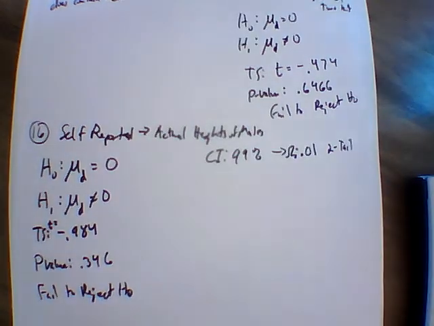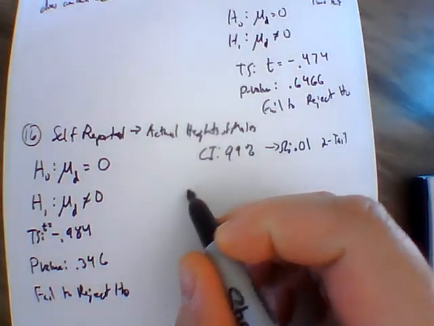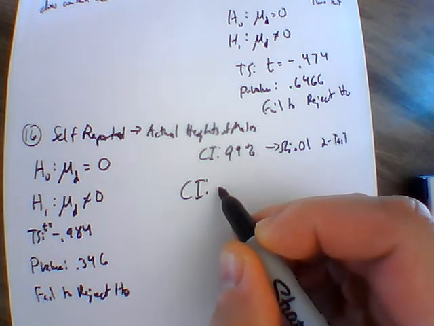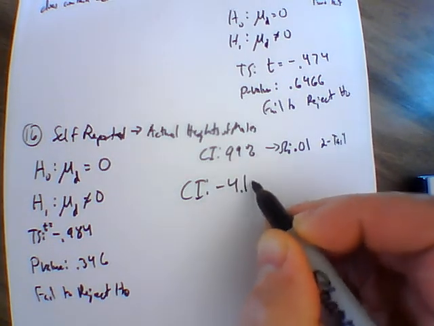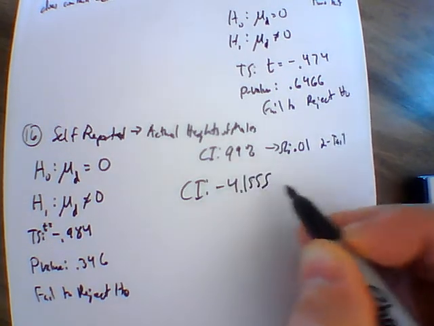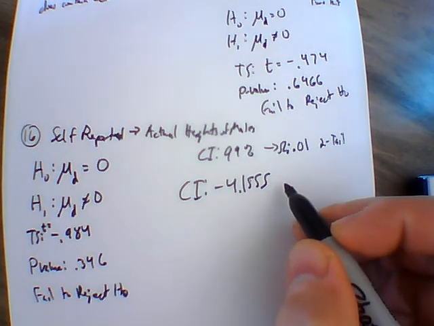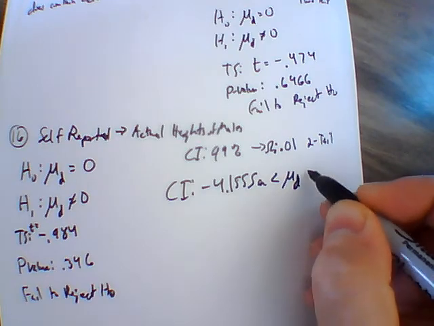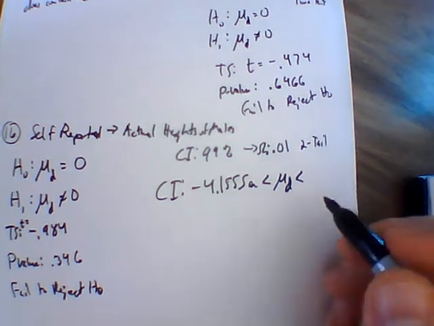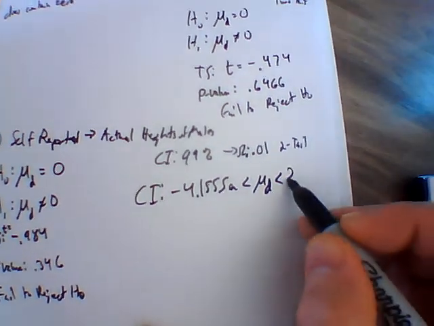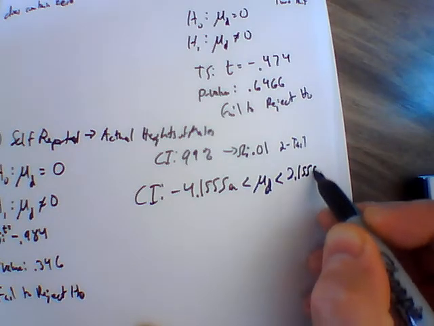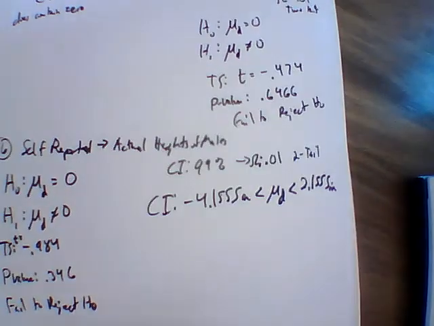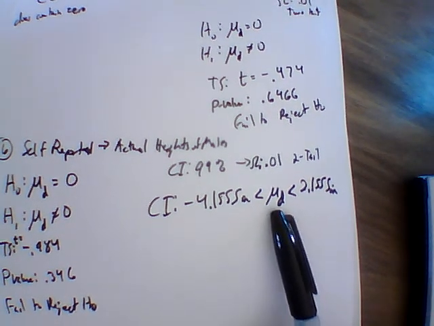And then we see in here that, so for our confidence interval, we would have negative 4.1555 inches, less than the mean difference, less than 2.1555 inches.